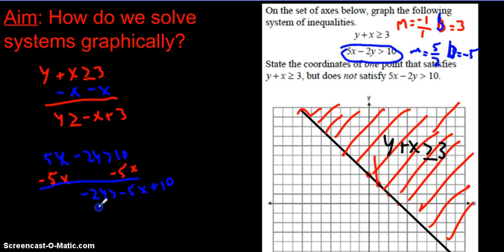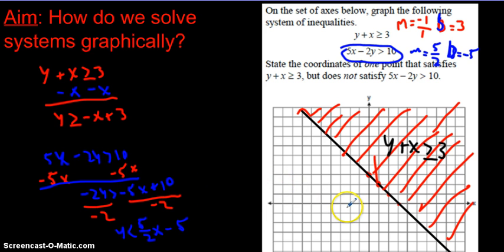Divide both sides by negative 2, and that will become y. Since we divided by a negative, this has to reverse. Negative divided by negative is positive, so that's just 5 over 2, as was stated over here. And 10 divided by negative 2 is negative 5, also as stated over here. So either way works. Use what's comfortable for you.